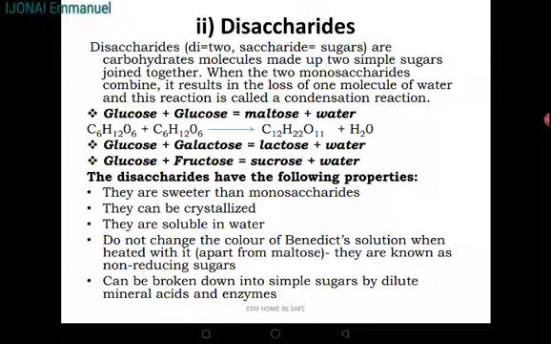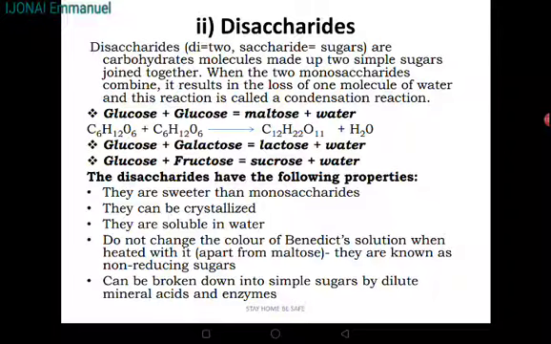And then the other one is that they are soluble in water. Yes, when you add sugar into water, it will dissolve. And all the other disaccharides also behave in the same way. And then one unique thing with them is that they do not change the color of Benedict solution when you heat them with Benedict. They don't behave like the monosaccharides, apart from maltose.